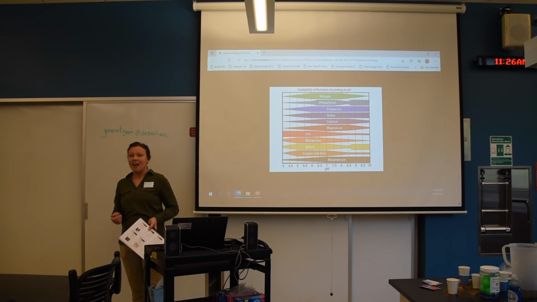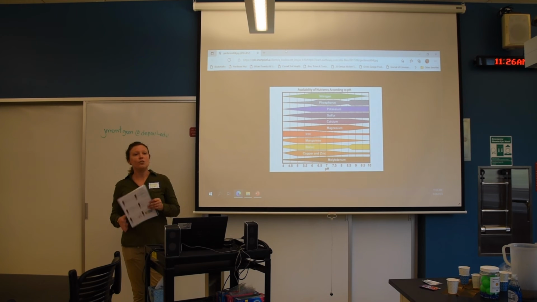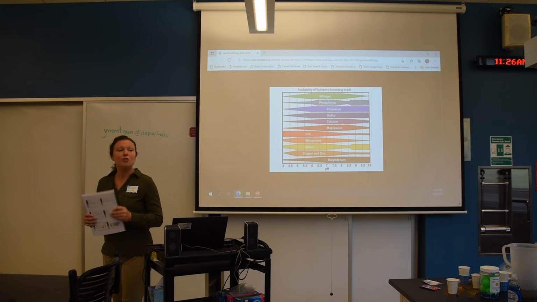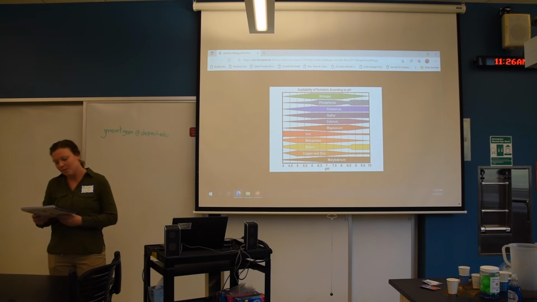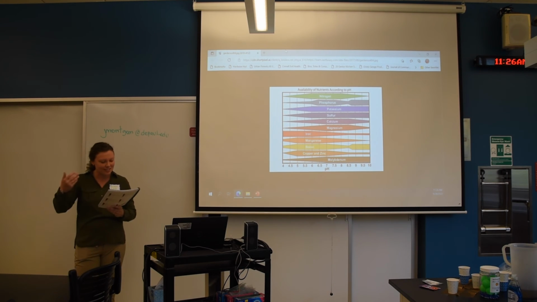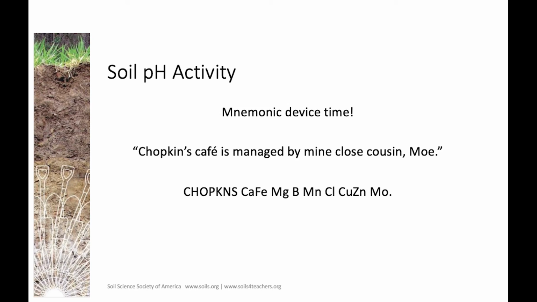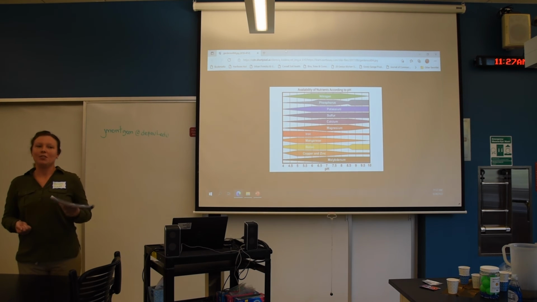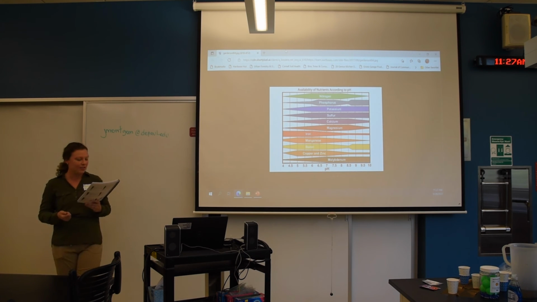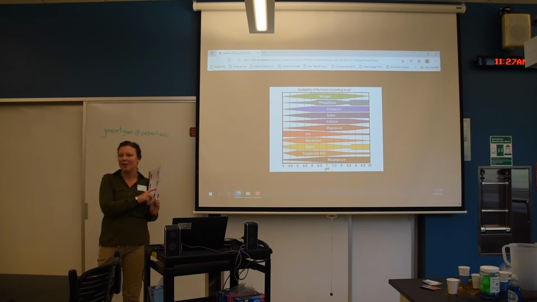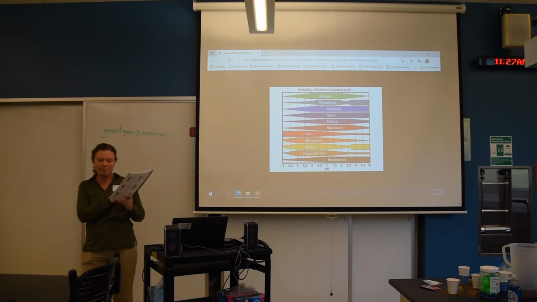I know that's a lot, and it's probably a lot for any student to remember, but a mnemonic device will help. The sentence that this mnemonic device creates is, Chopkin's Cafe is managed by mine close cousin Mo. Yes, it's not grammatically correct, but it can help you remember these 16 plant nutrients, and you can see it written out in slide 27 on page 35.